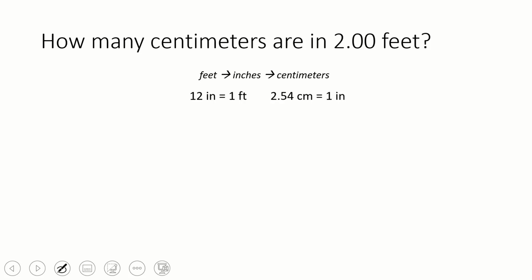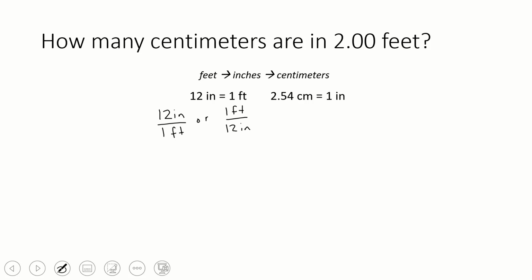What I know is that there are 12 inches in 1 foot and 2.54 centimeters in 1 inch. So from those equalities, I'm able to write two conversion factors. So I can write 12 inches per 1 foot, or I can write 1 foot per 12 inches.